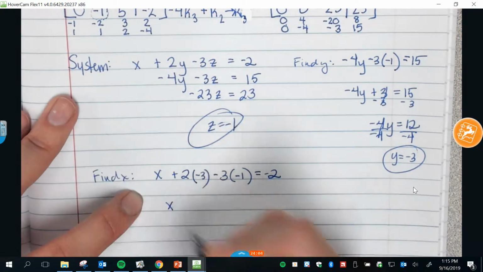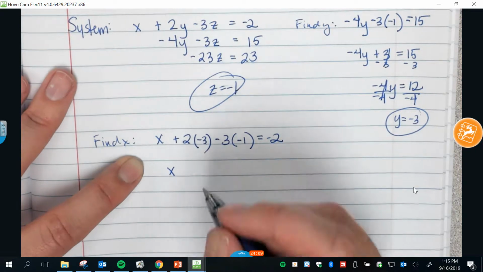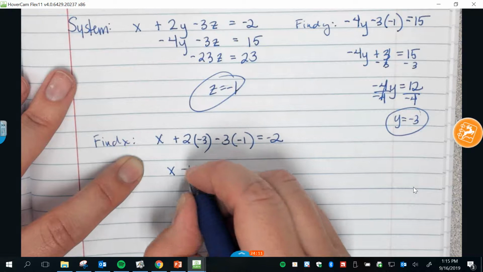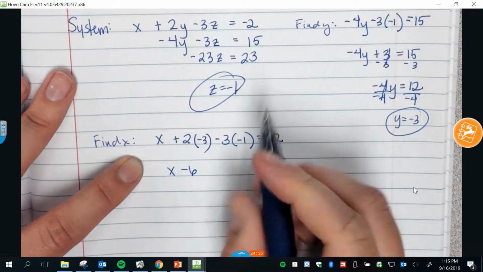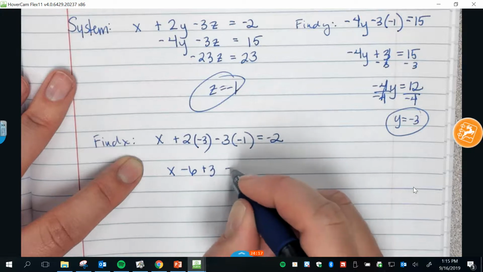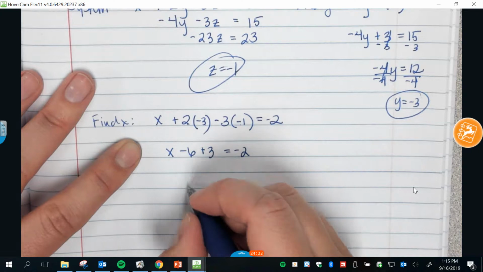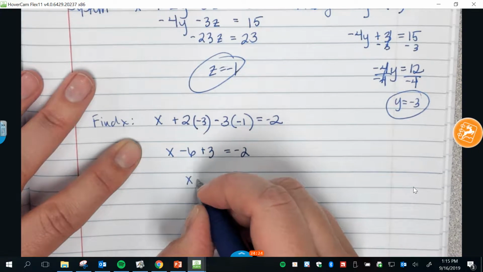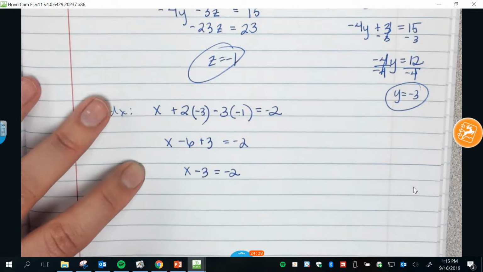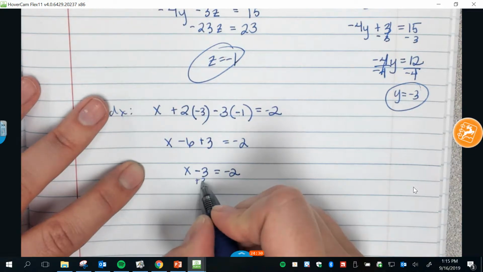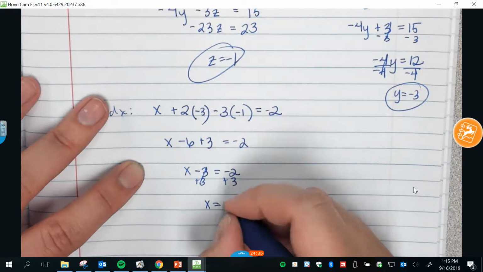So this is x. 2 times negative 3 is negative 6. Negative 3 times negative 1 is plus 3. Negative 6 plus 3 is minus 3. Add 3 to both sides. X equals negative 2 plus 3 is 1.